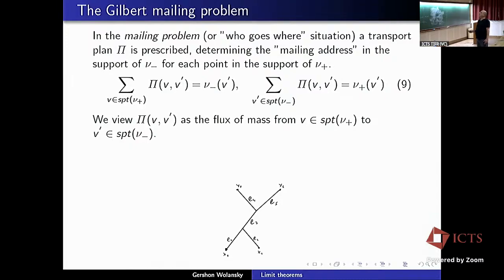So there is this version of the Gilbert problem, which is called the Gilbert mailing problem. In the mailing problem, we are given a transport plan. So in general, we know which address we should go to. We know how much mass or whatever we should move from vertex V to vertex V prime.